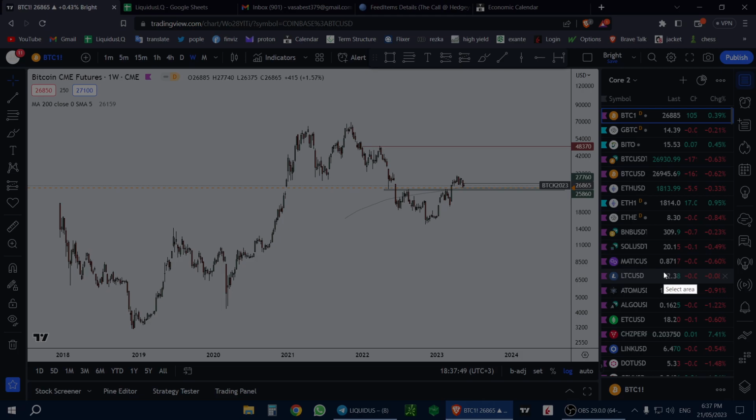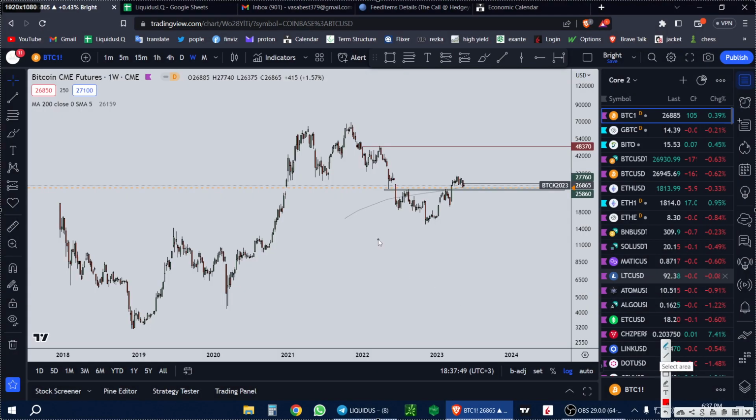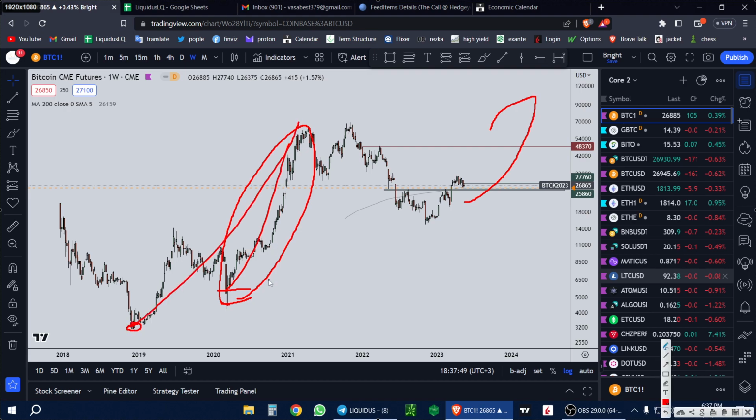Another risk, not the risk, just the reality, is that we're not going to get a similar impulse to the one we got right here in percentage terms. We might get back to 100, 120, but this was the move of 700%. This was the move of 3,000%.